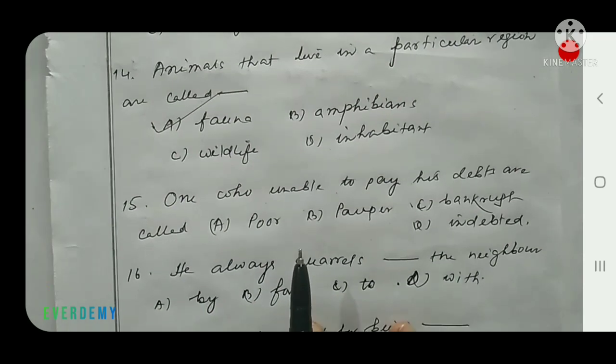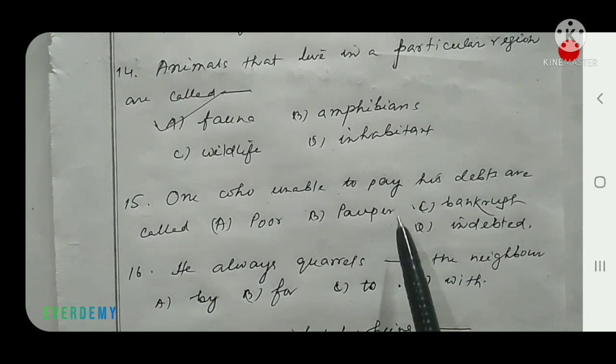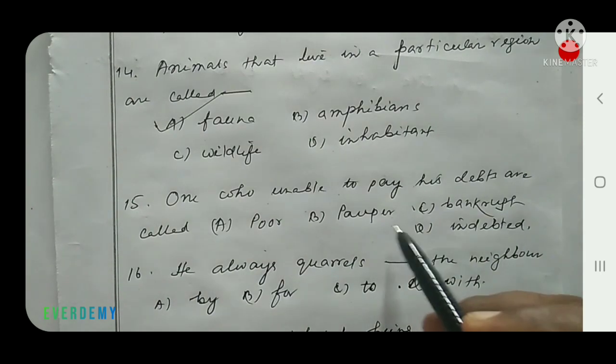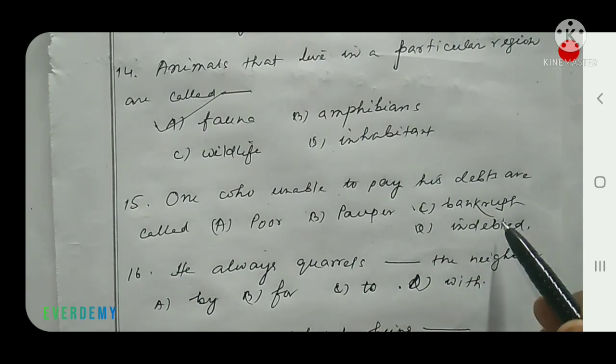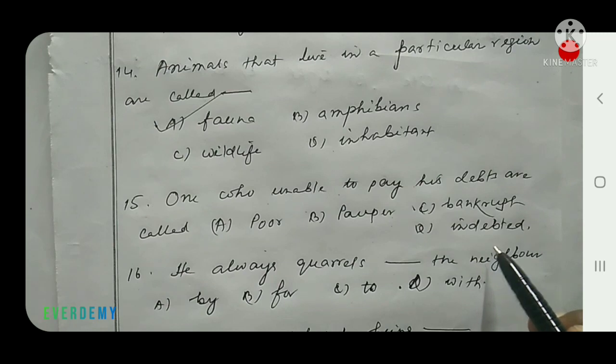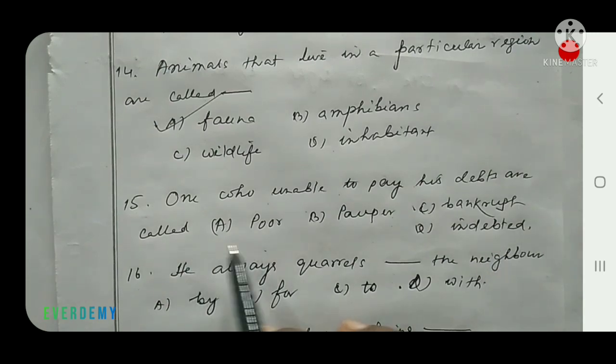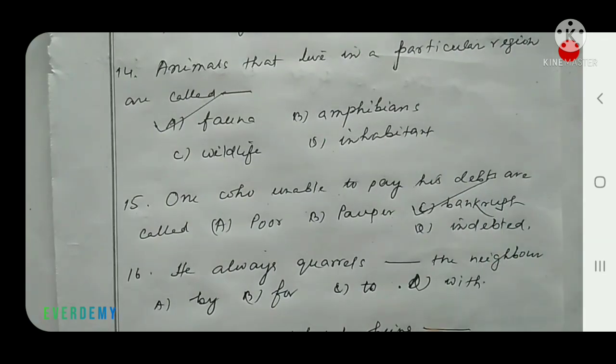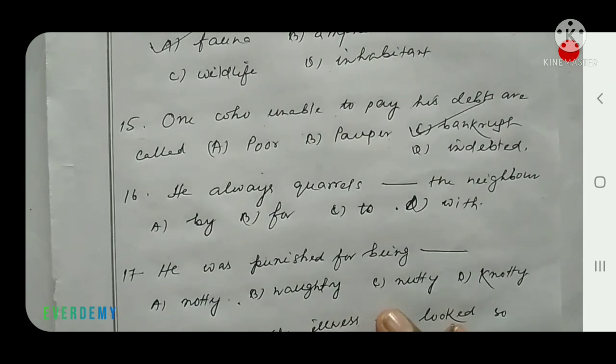And 15. One who is unable to pay his debt is called poor, pauper, bankrupt, indebted. So one who is unable to pay his debt is called bankrupt. This is the correct answer.